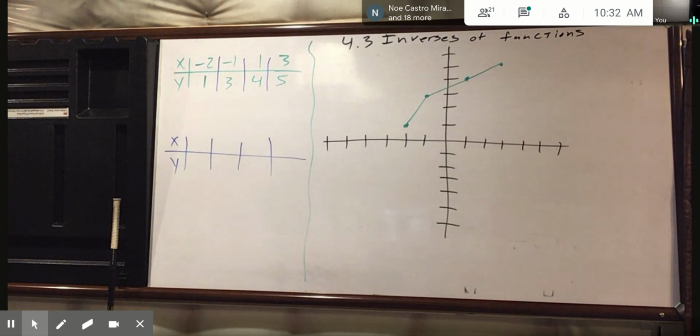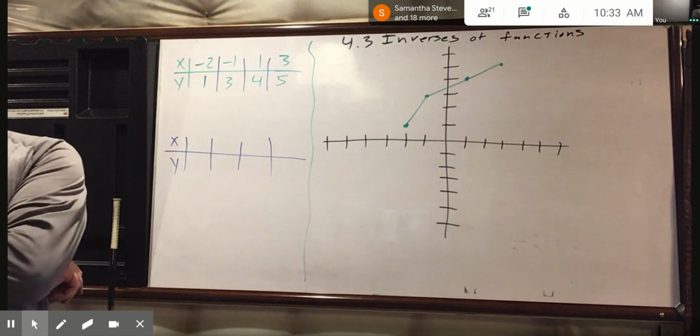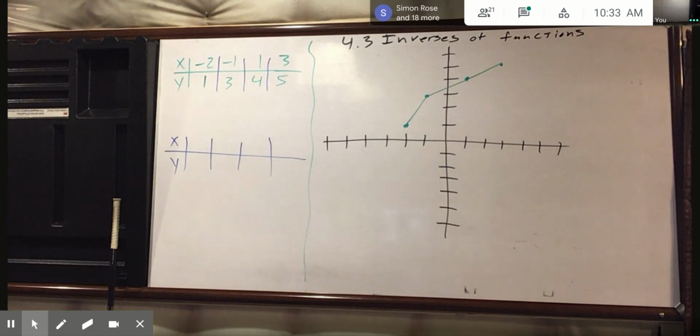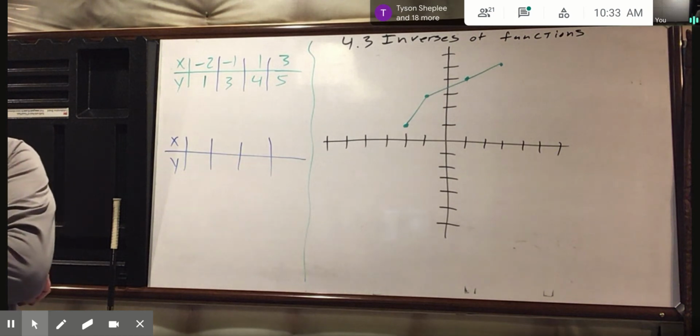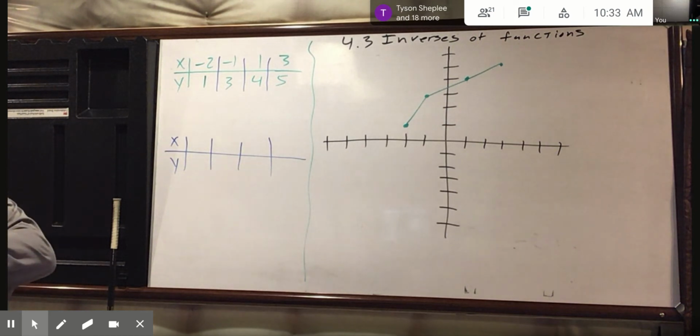Looking for some guesses here. Doesn't matter if you get it right or wrong. We want to take a shot at this one. I just give you a heads up, I'm going to wait until somebody guesses.